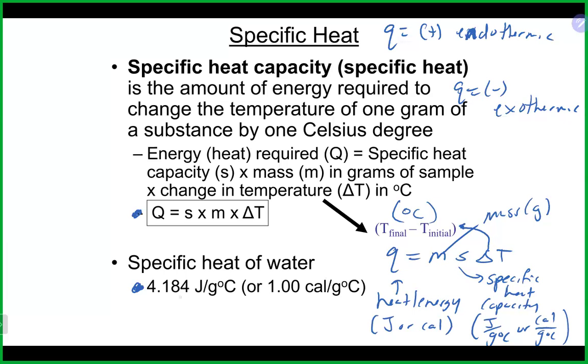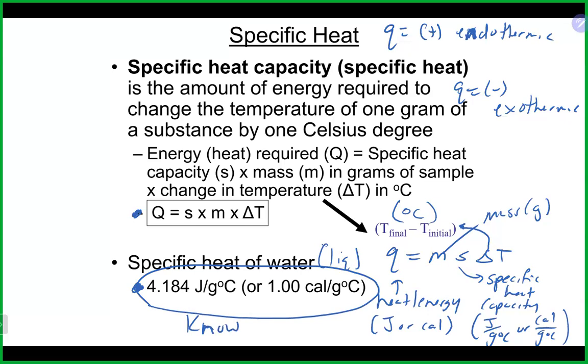Two really important numbers that you definitely need to know are these. That's the specific heat of water, actually liquid water, by the way. The specific heat of liquid water is 4.184 joules per gram per degree Celsius. Sometimes people use 1 calorie per gram per degree Celsius for the specific heat of water.